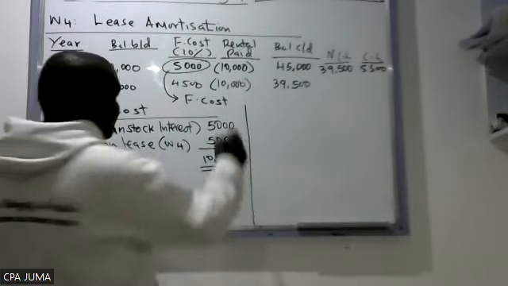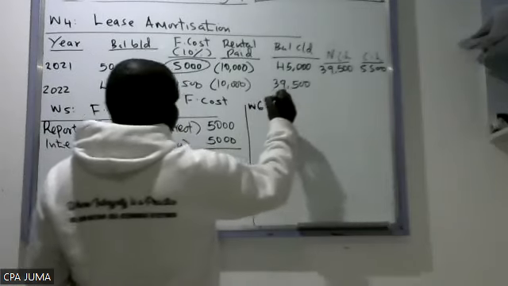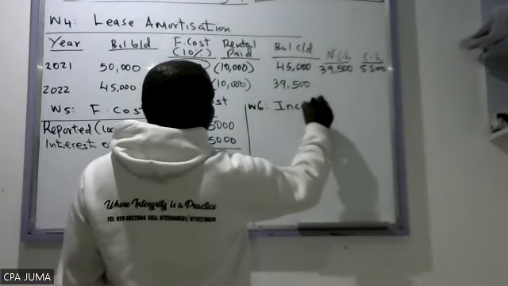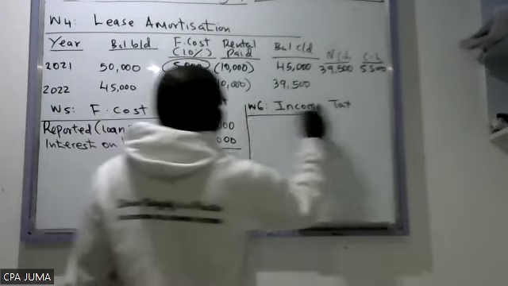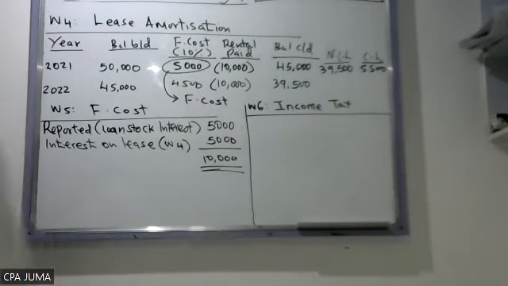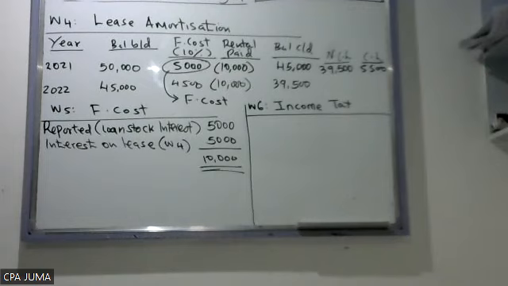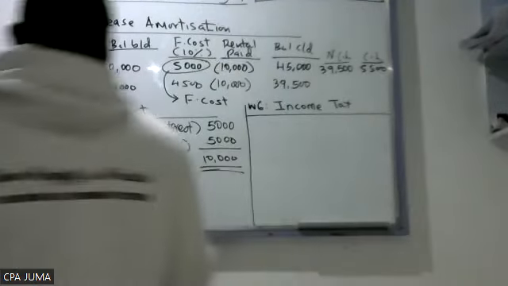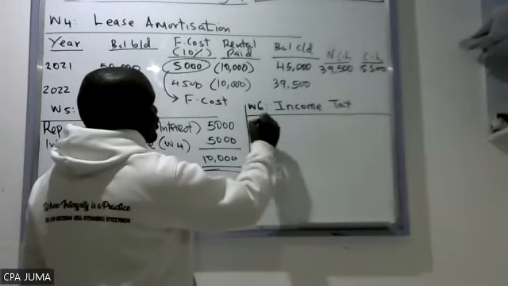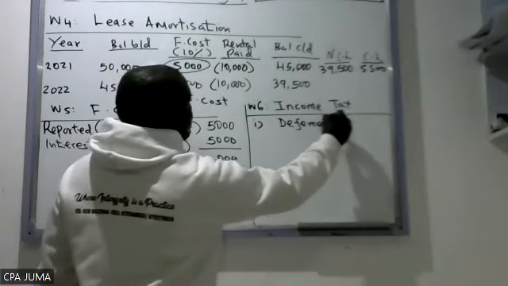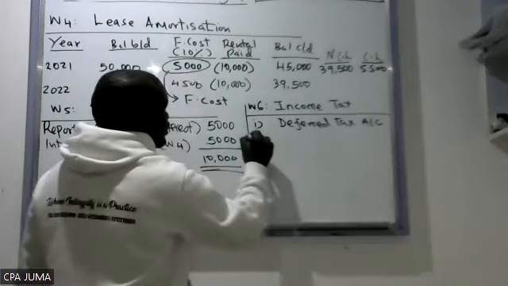So working 6, income tax. Income tax starts with the deferred tax account.